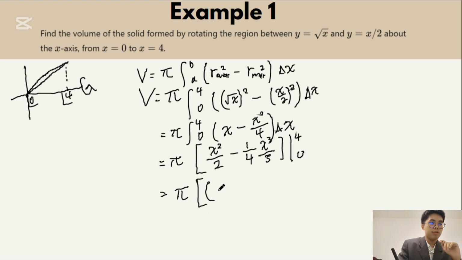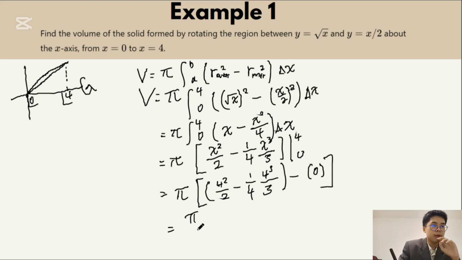It will be 4 squared over 2 minus 1 over 4 times 4 to the power of 3 over 3, minus the value at 0, which will be 0.